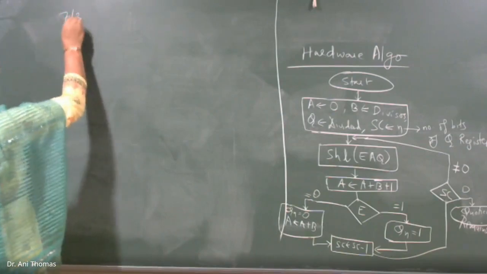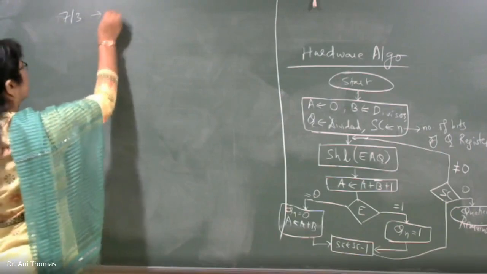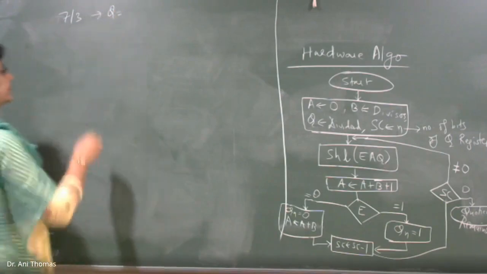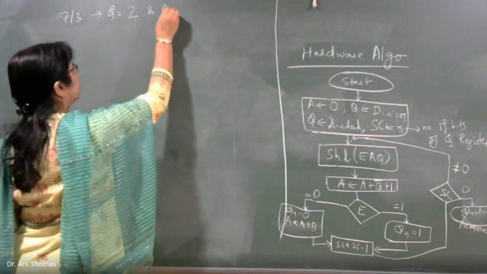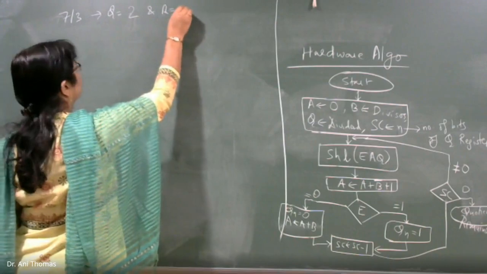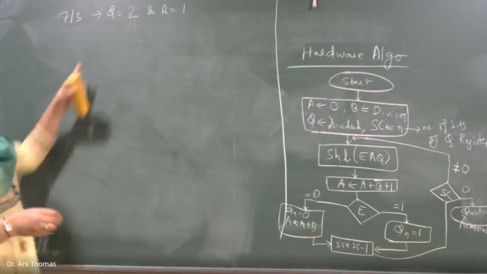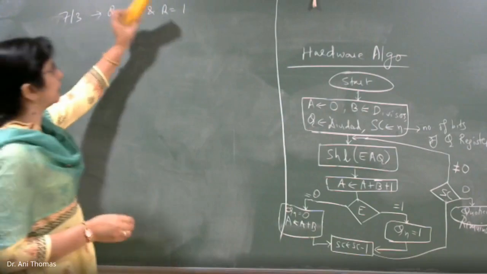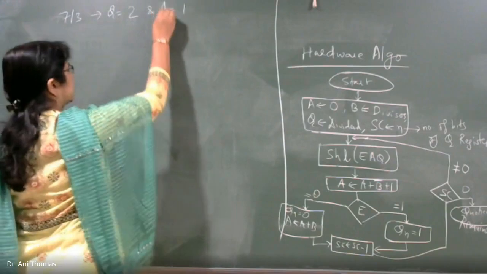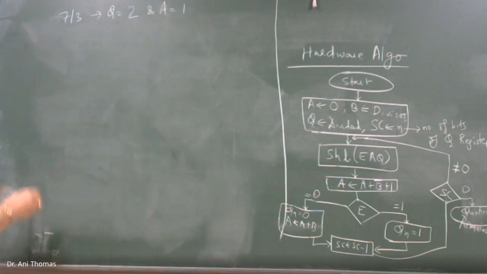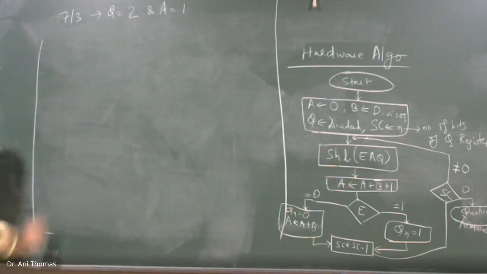Now it's visible. The quotient should be 2 and the remainder should be 1. So our register Q should be 2 and our register A should be 1. So we will do that experiment based on this algorithm.